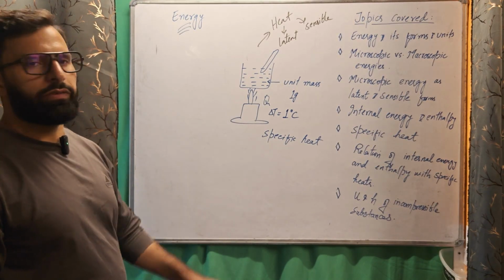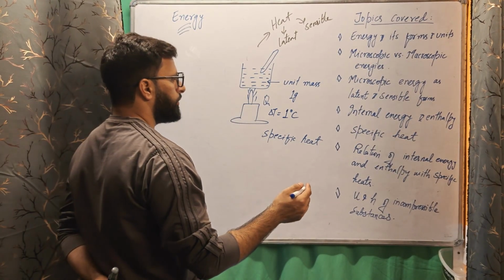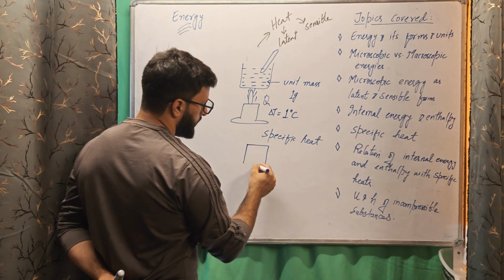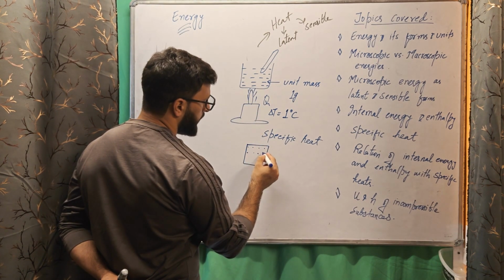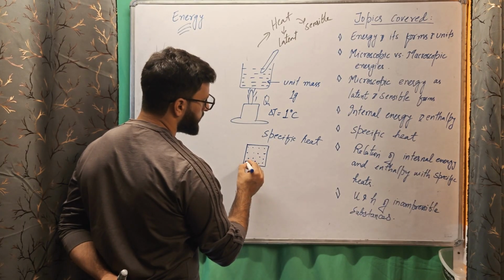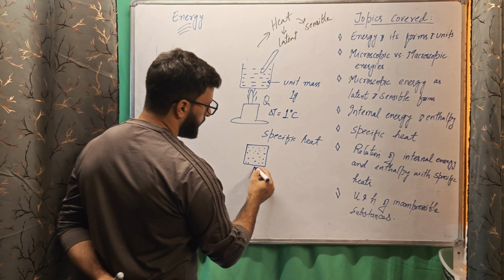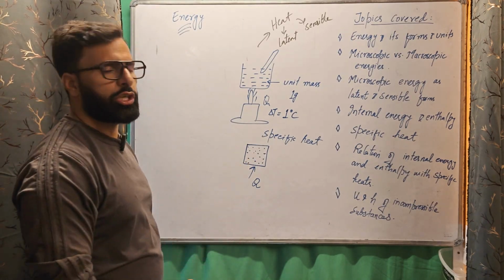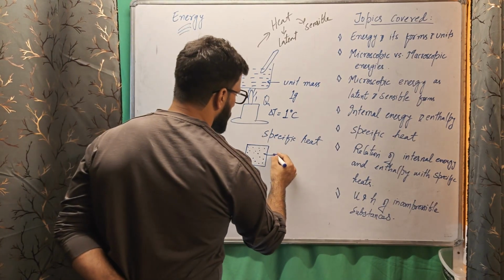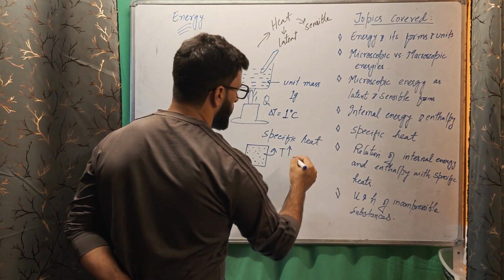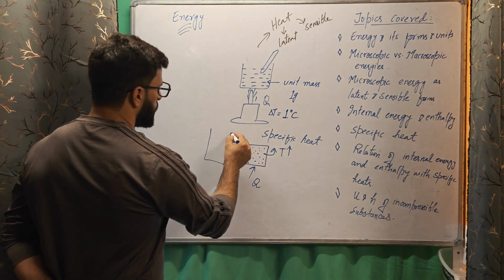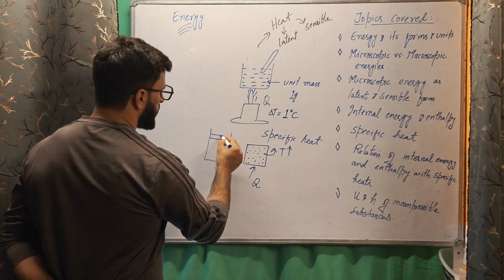Now this specific heat can have two values depending upon the system. For example, if this is a closed container and it has air or any gas in it, if we supply heat to this system, volume is not going to change. All the heat that we supply is going to raise the temperature. This is one form of the system. Another form of the system is one whose volume is not fixed.